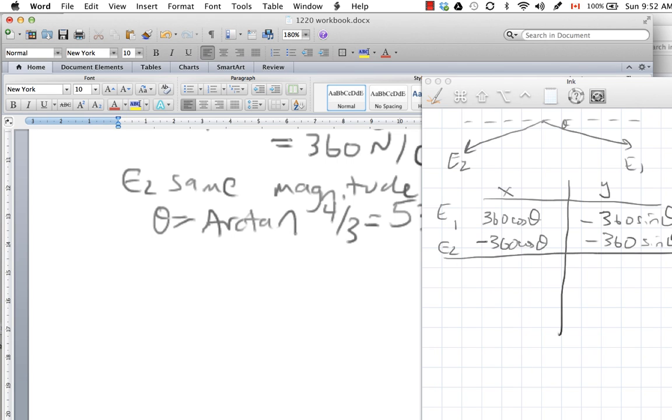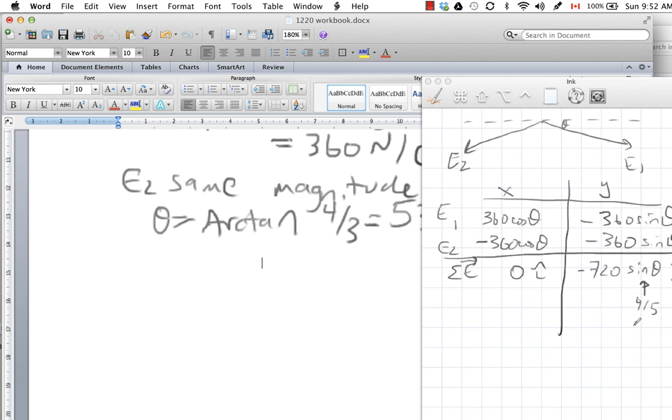So my resultant field, the sum of these electric field vectors, is going to be 0 in the i direction, or horizontally, and then it's going to be downwards 720 sine of theta in the j direction. The sine of 53 degrees is 0.8, it's 4/5 or 0.8.